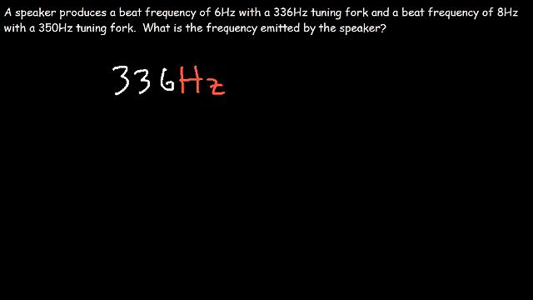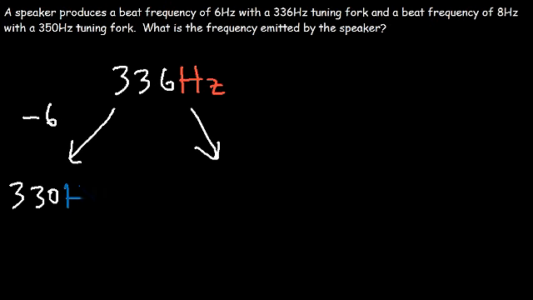It produces a beat frequency of 6 hertz with the speaker. So that means we need to subtract 6 and add 6. 336 minus 6 is 330. And 336 plus 6 is 342.